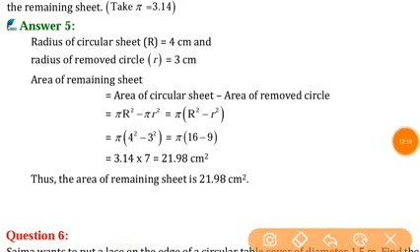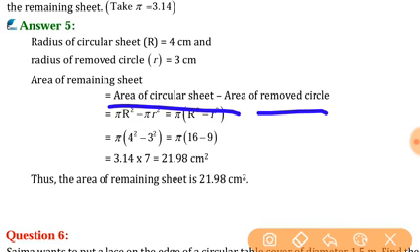So the area of the remaining sheet is the area of the bigger circular sheet minus the area of the removed circle: pi R square minus pi r square. Pi is common in both, so you can write it outside.